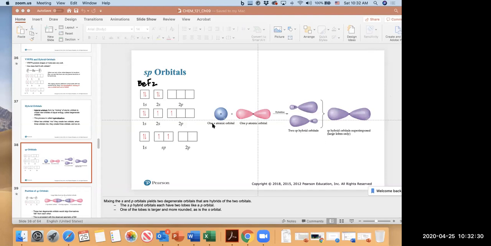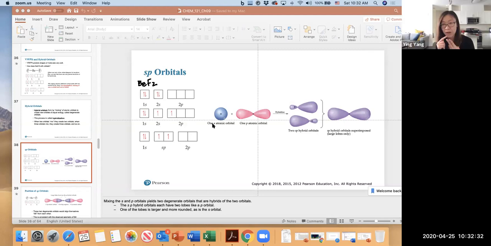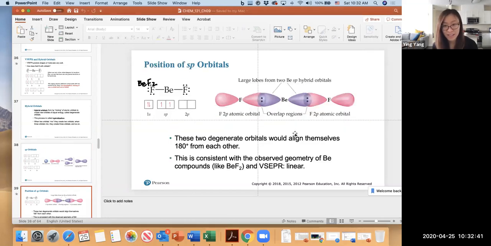If you have two atomic orbitals to hybridize, they're going to form two hybridized orbitals. The number won't change. So this is how the hybridized orbitals look like, and then they share the electron with the p orbital of fluorine. And on this side is fluorine, and you form.